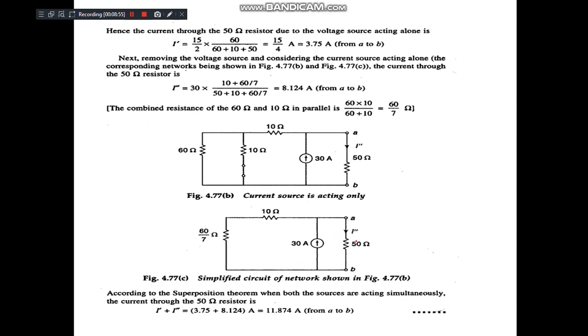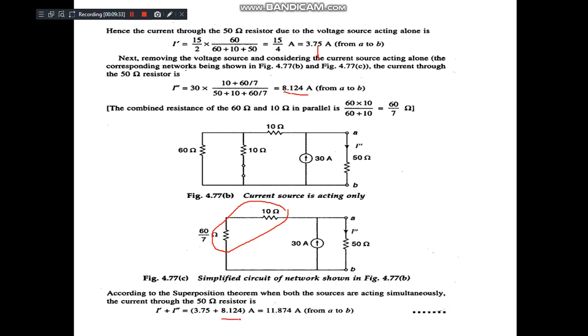According to the current divider rule, for the 50 ohm, the total current is 30 into the opposite resistance. The opposite resistance means these two are in series, so it is 10 plus 60 by 7, divided by the total resistance in the loop. So this value is how much? It is 8.17. So the summation of these two currents will give the total current.